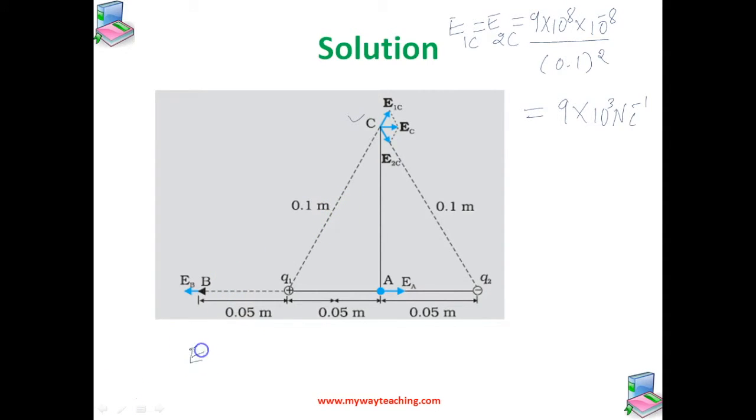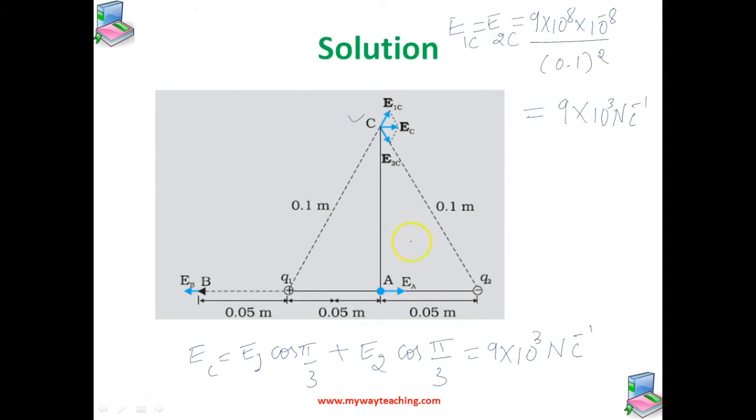So here we can write EC as E1 cos pi by 3 plus E2 cos pi by 3, which is equal to 9 into 10 raised to 3 Newton per coulomb.